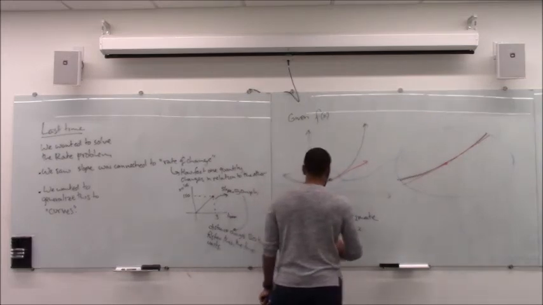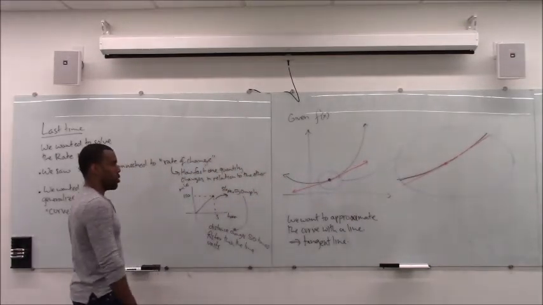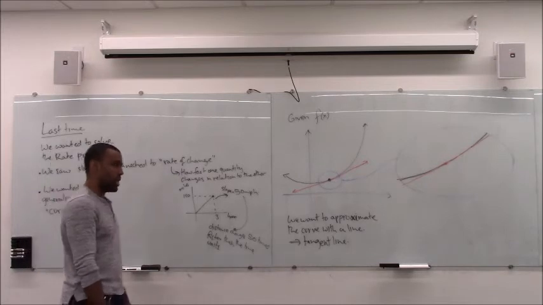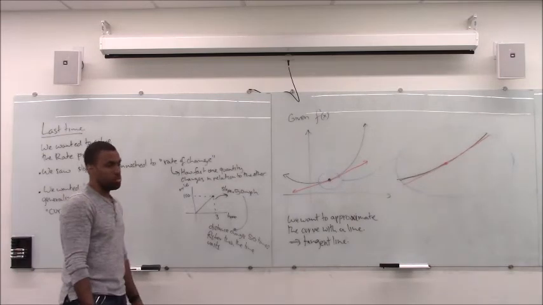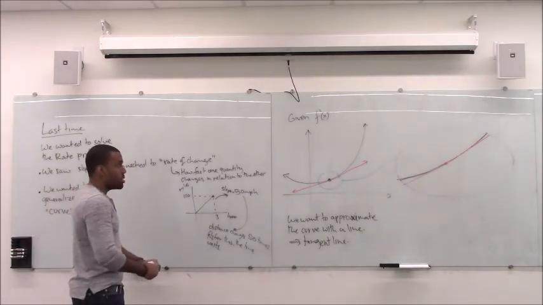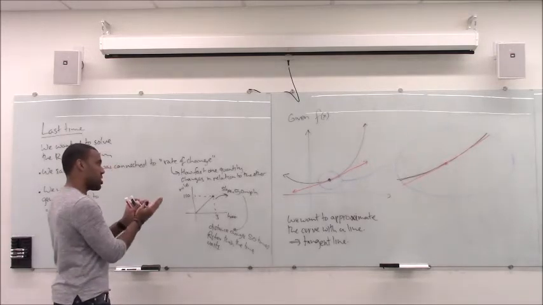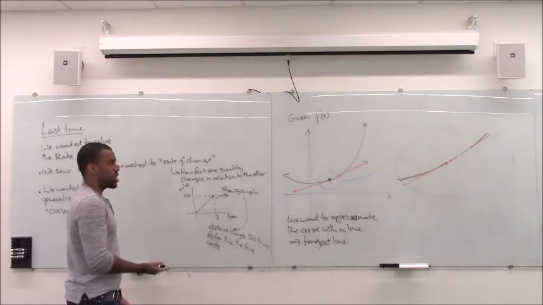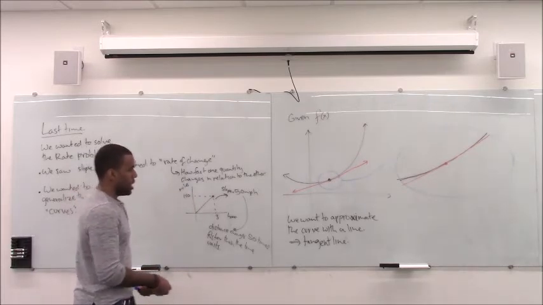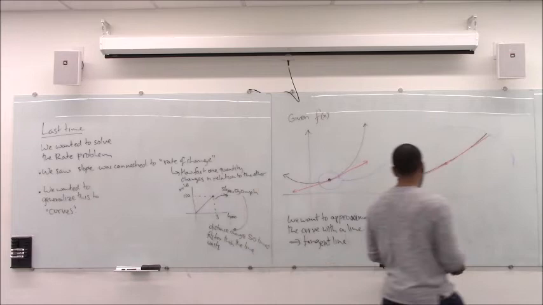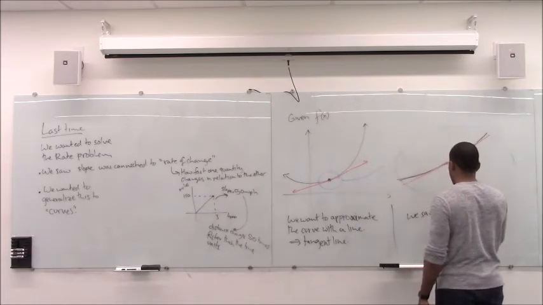A tangent line, if you wanted a definition, is a line that touches a curve at one point such that if we zoom in, the tangent line and the curve start doing the same thing. Right? They become indistinguishable the more you zoom in. When this thing starts flattening out and I zoom in, it will look more and more like that straight line. Right? And then, last time we saw how to measure the slope of this line.